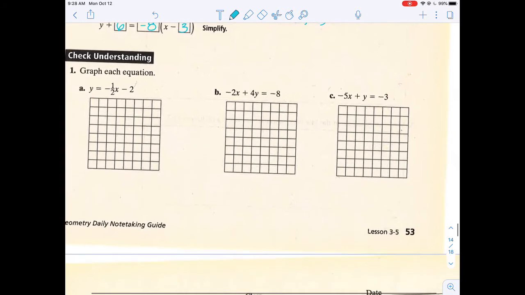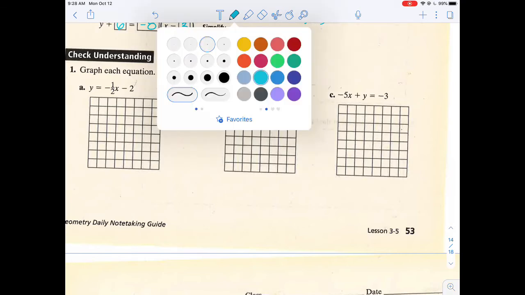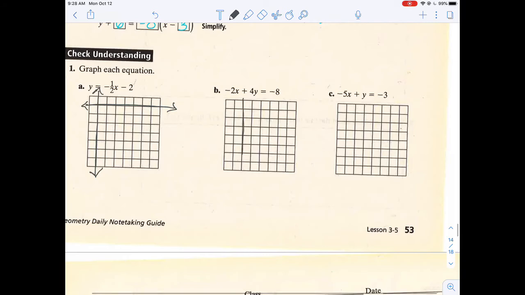Okay, so then you've got 3 check for understanding problems. You're just going to graph these. You can make the axis however you want. I just picked a spot that I knew would work and went with that. So if you want to use my axes, you can.